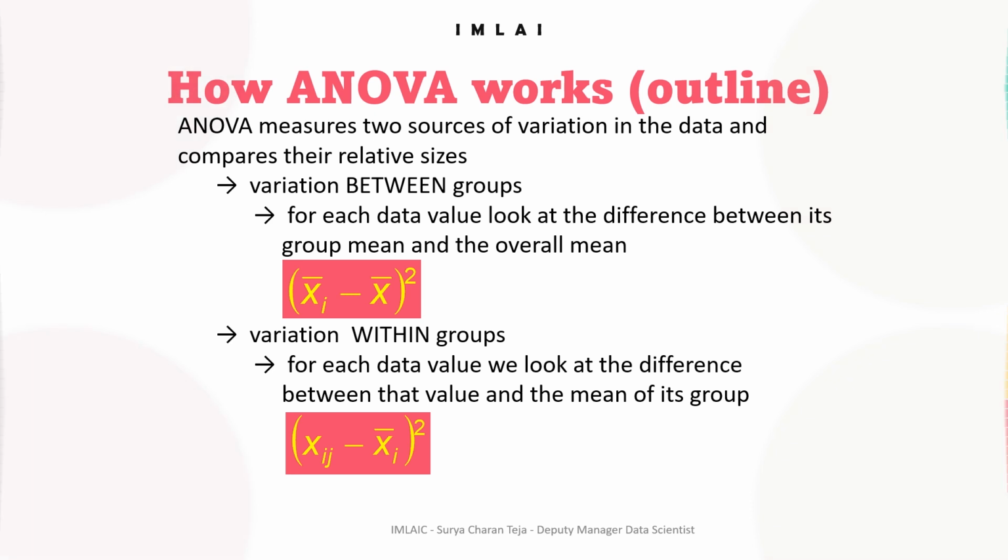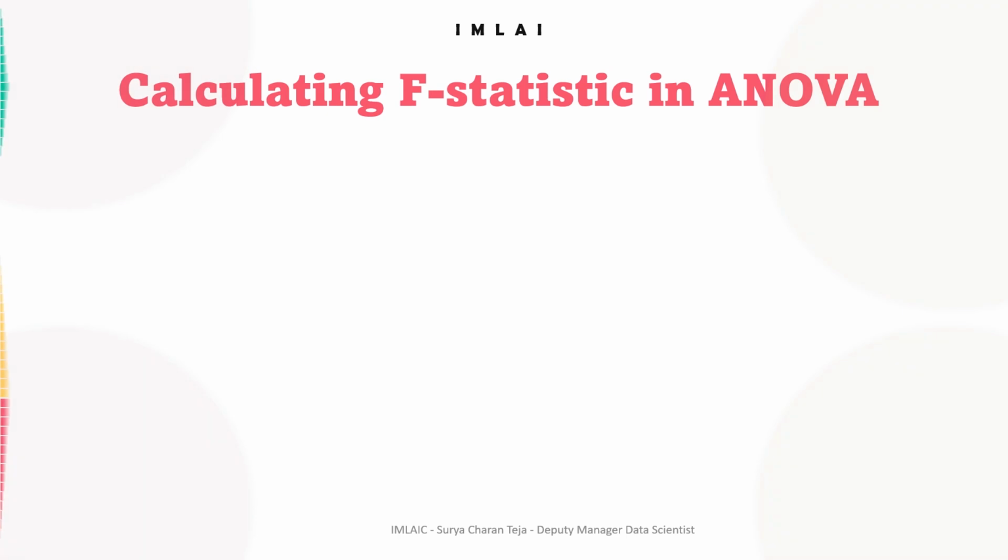Once you have the variation between groups and variation within groups, it's time to calculate the total variation, which you can easily calculate. Once we have these two things, it's time to calculate the F statistic in ANOVA.